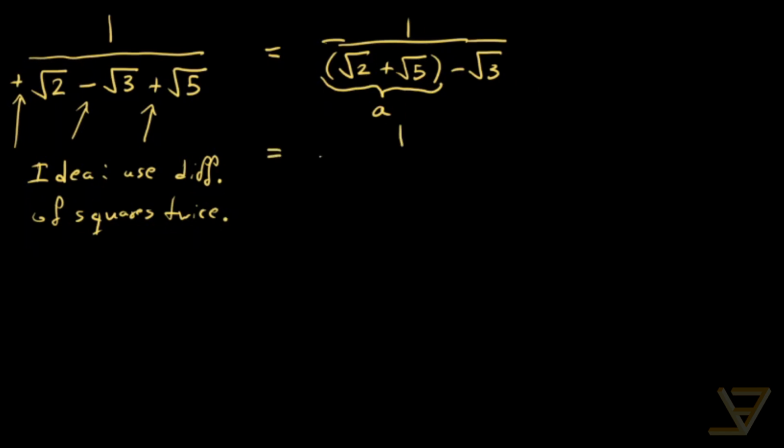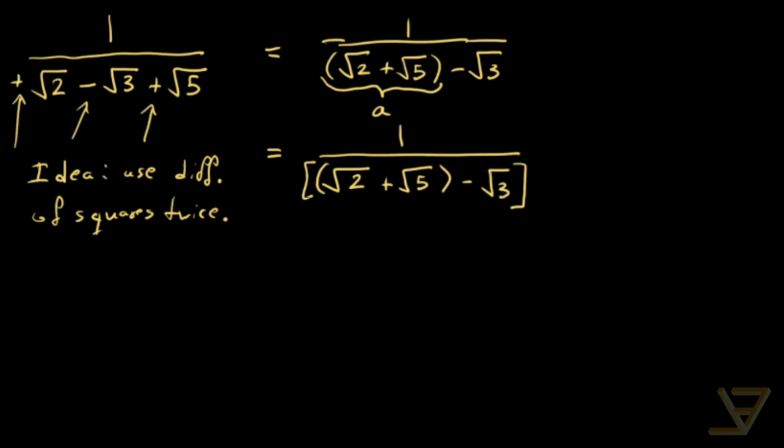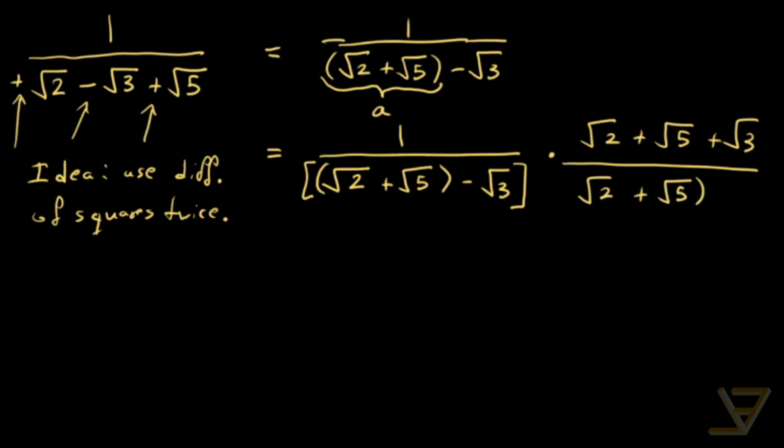What we're going to do is use difference of squares once, so we get square root of 2 plus square root of 5 minus square root of 3 times square root of 2 plus square root of 5 plus square root of 3 in both the numerator and the denominator. Let's expand this out. On the top, we get square root of 2 plus square root of 3 plus square root of 5.